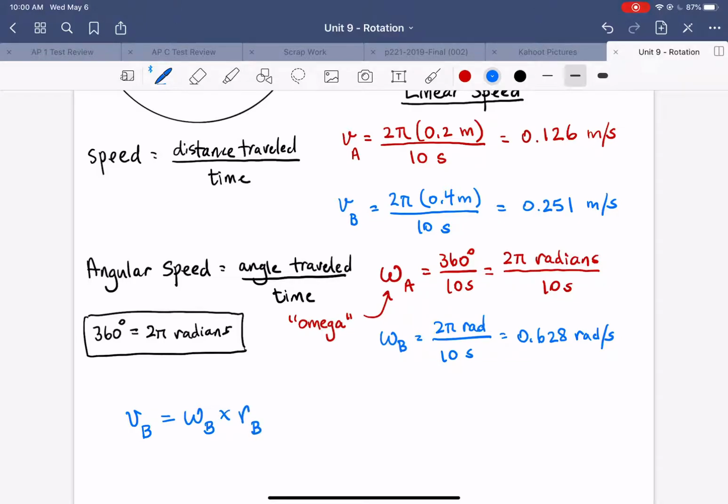So I'll call it RB because B and A have different radii. So this, we can make it more general. V equals omega times R. This is the relationship between linear and angular velocity.